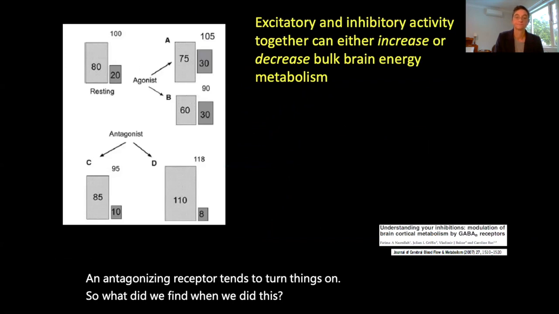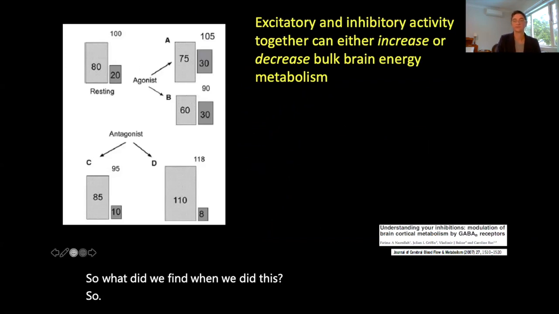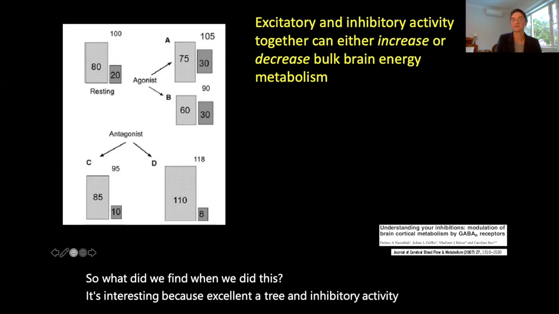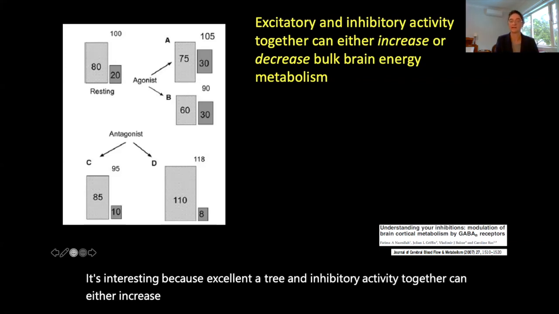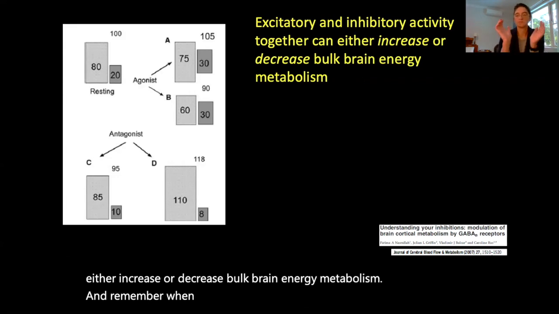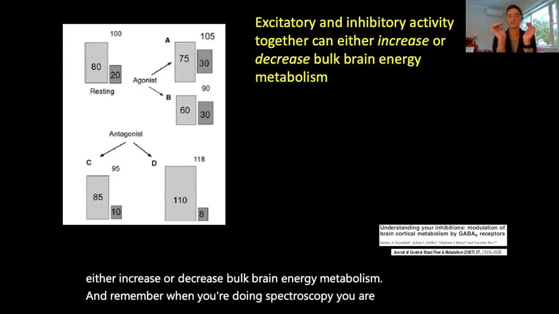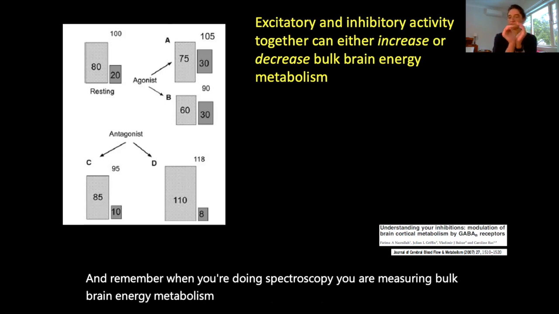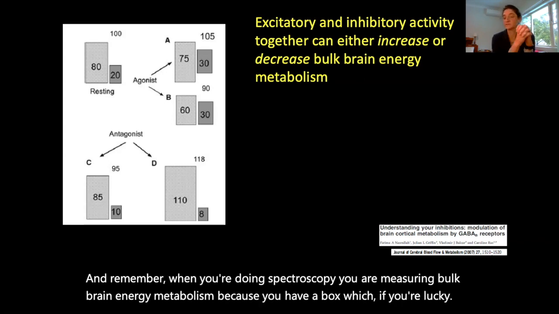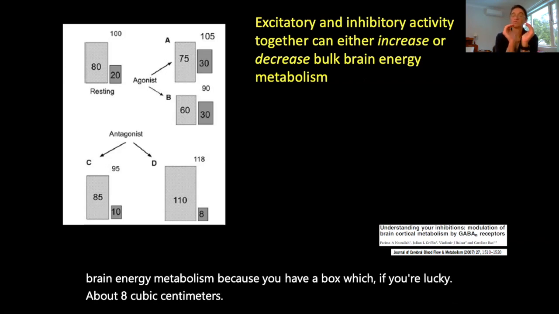It's interesting because excitatory and inhibitory activity together can either increase or decrease bulk brain energy metabolism. And remember, when you're doing spectroscopy, you are measuring bulk brain energy metabolism, because you have a box, which is, if you're lucky, about 8 cubic centimeters. So you've got an awful lot of neurons in there.